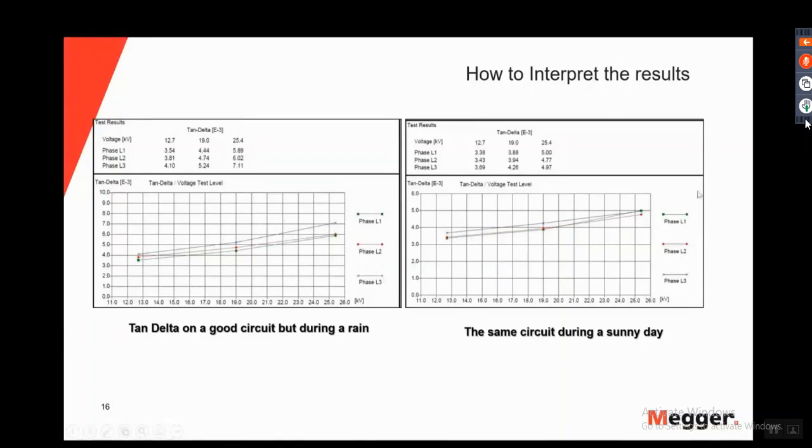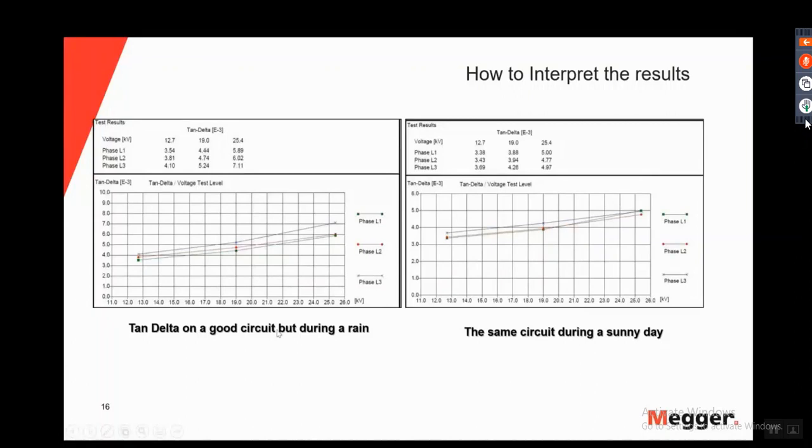Then you see the same exact cable on the sunny day, same voltage range. Phase 1, 338, 388, 500 as compared to 589 in the rain. Phase 2, 343, 394, 477 as opposed to 602 in the rain. And phase 3, 369, 426, 497 as compared to 711 in the rain.